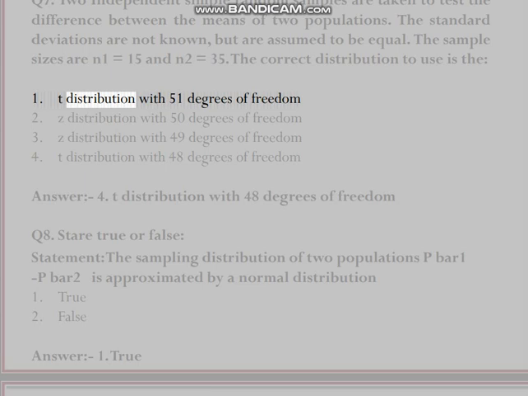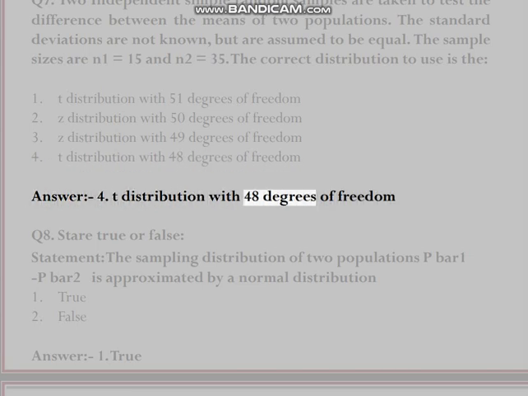T distribution with 51 degrees of freedom. 2. Z distribution with 50 degrees of freedom. 3. Z distribution with 49 degrees of freedom. 4. T distribution with 48 degrees of freedom. Answer 4. T distribution with 48 degrees of freedom.